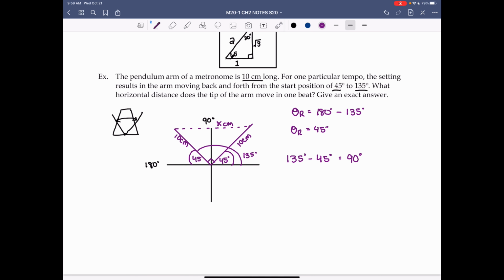And what kind of right triangle is it? The two arms are both 10 centimeters. So that means it is an isosceles right triangle.